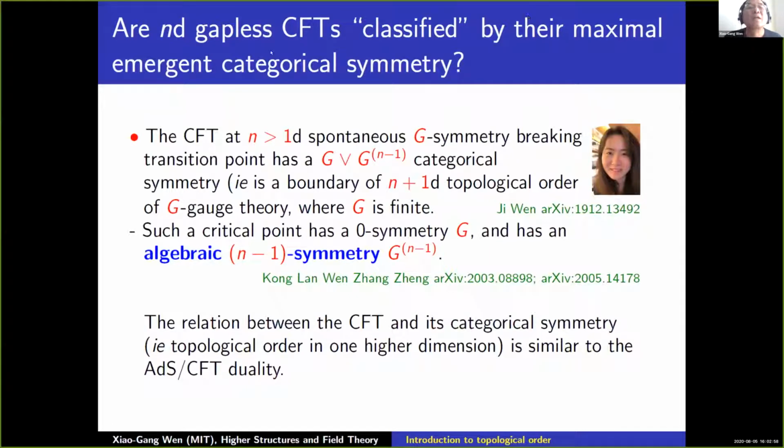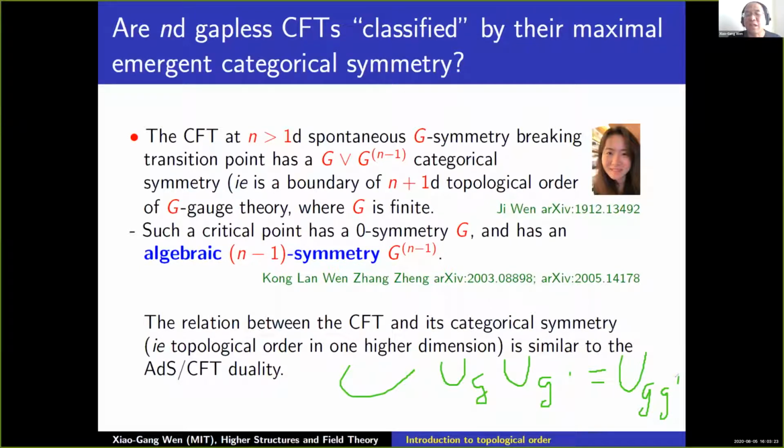Usually when you have a symmetry, you have U_g, and then you multiply another U_g', and you get another transformation U_{gg'}.